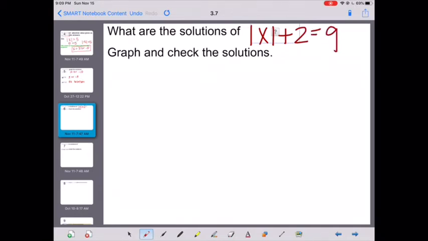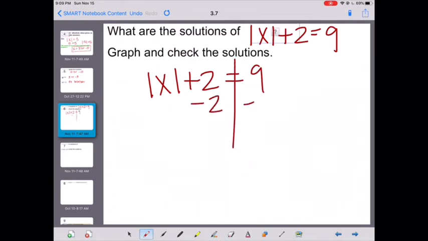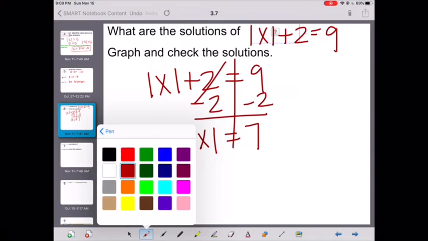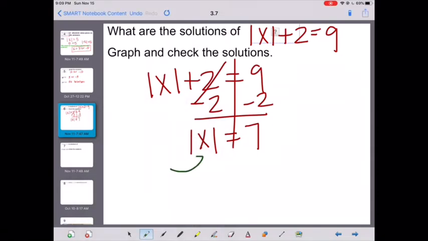All right, what are the solutions of the absolute value of x plus 2 equals 9? If I'm going to solve this, we're just going to pretend like this is a regular x to begin with, and we're going to get rid of anything outside of that x. So we're going to subtract 2, and then we're left with the absolute value of x equals 7.